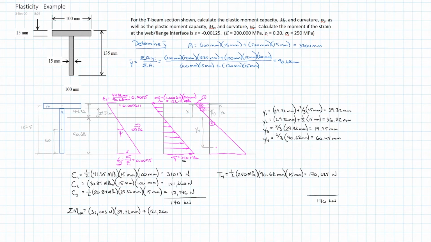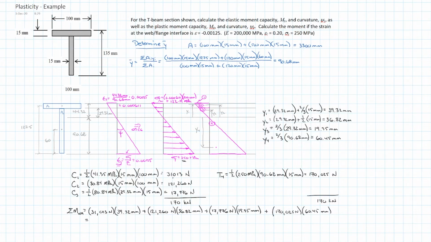So 121,260 newtons multiplied by y2, 36.82 millimeters, plus C3, which is 17,776 newtons, times y3 of 19.35 millimeters, plus T4, which is 170,025 newtons, times 60.45 millimeters.